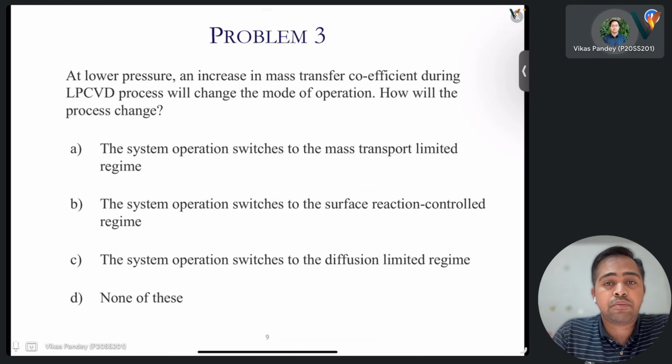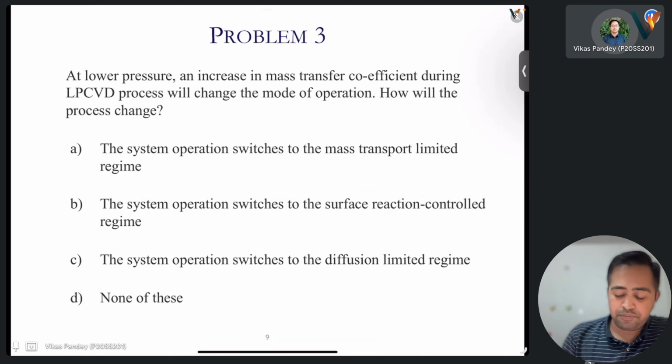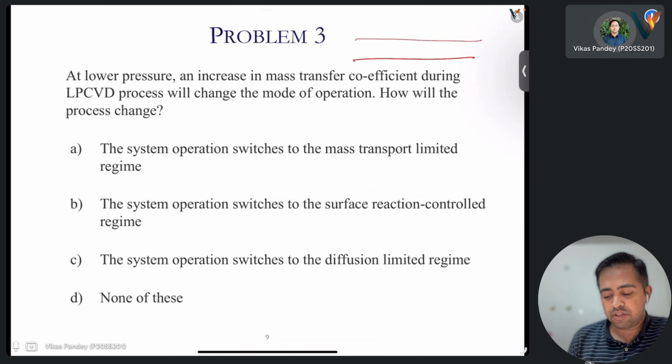Okay, now let's come to the next question. At lower pressure, an increase in mass transfer coefficient during LPCVD, LPCVD means low pressure CVD process, will change the mode of operation. What will be the process change? Okay, so it is saying that when we have a low pressure CVD, that means we have the CVD in which we are doing the deposition at low pressure.